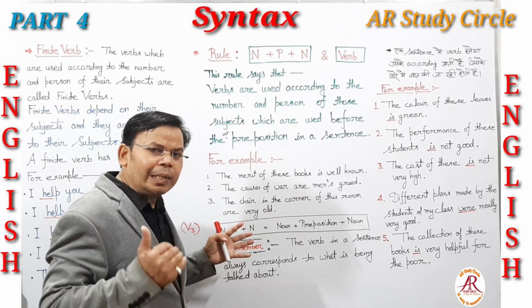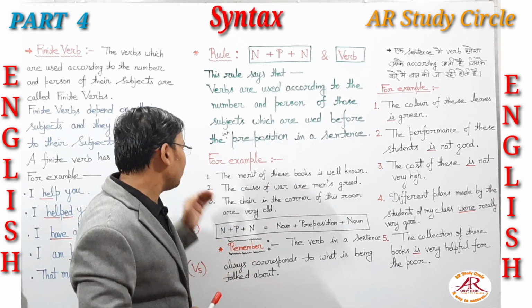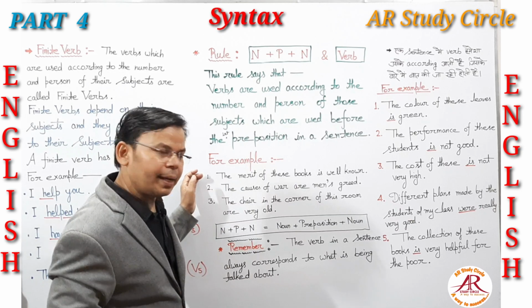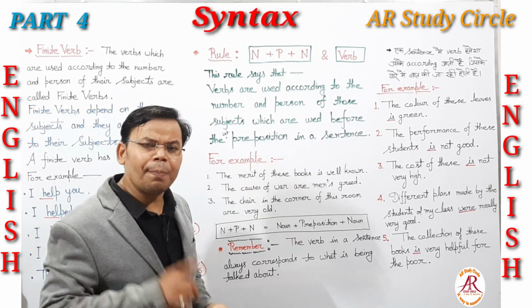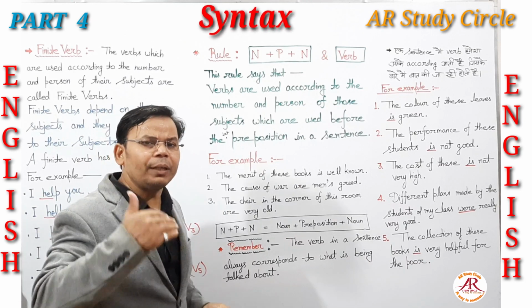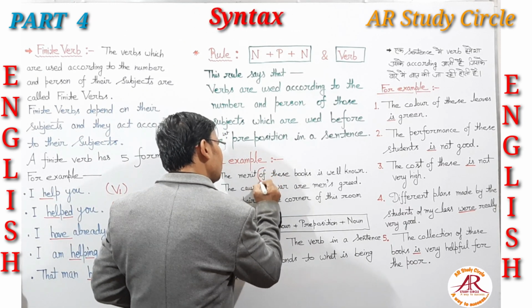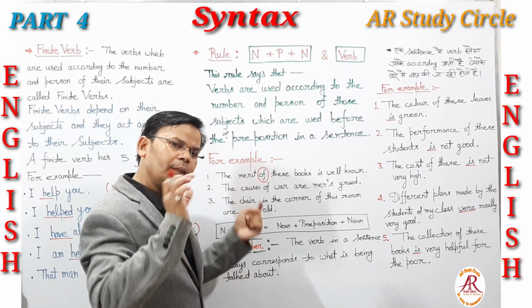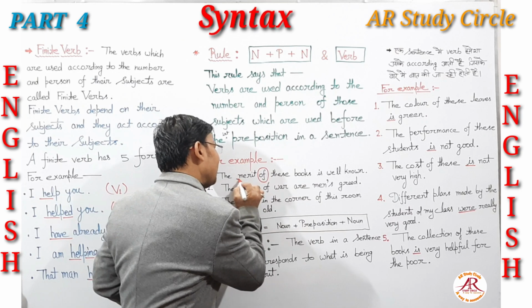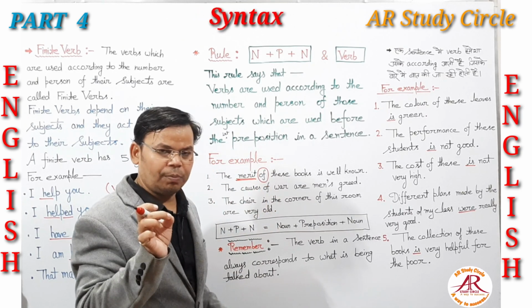In these 3 examples, what do we see? Take the first example again: the merit of these books is well known. The first preposition in the sentence is of, and before this first preposition the noun is merit.